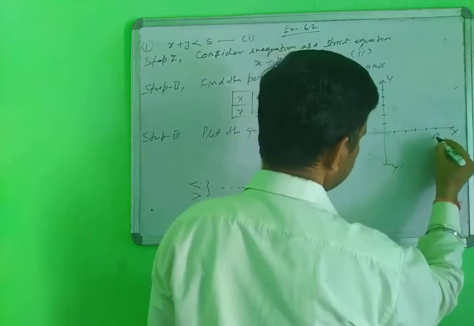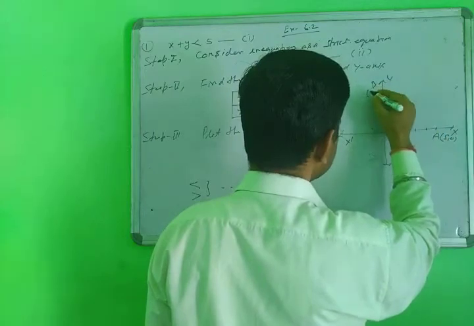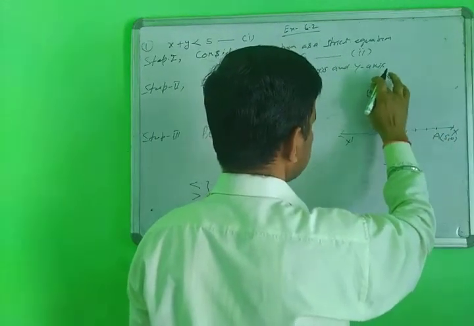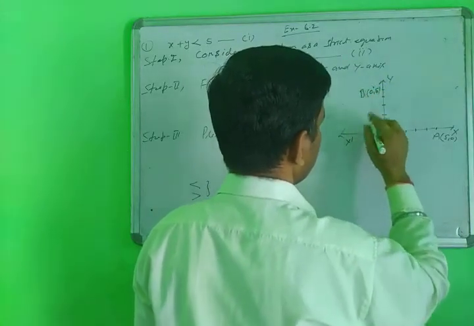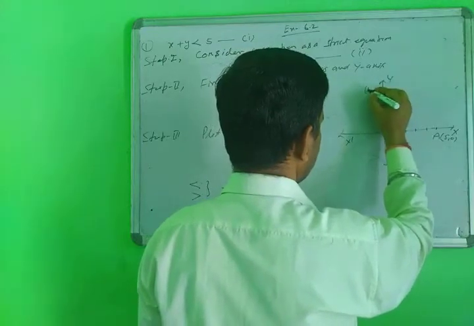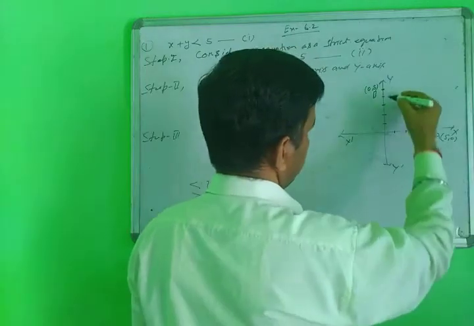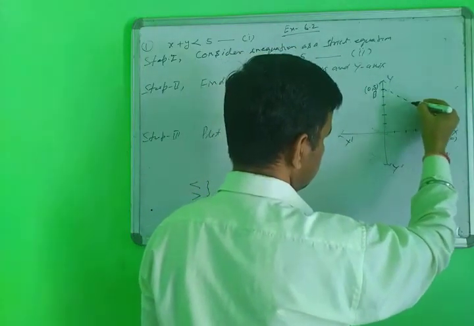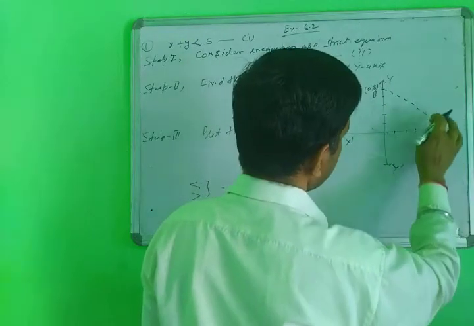This is the point A, meaning 5, 0, and this is the point B, meaning 0, 5. This is the coordinate of B. With the help of a scale, you join these points as a dotted line.